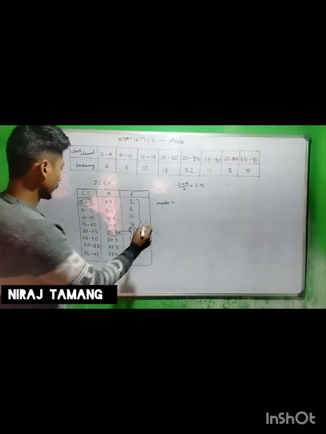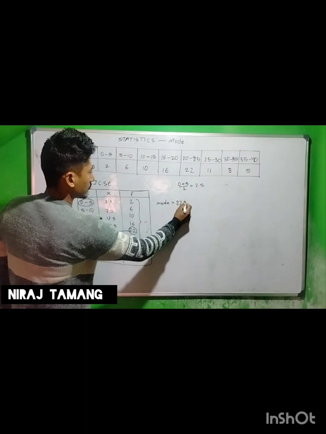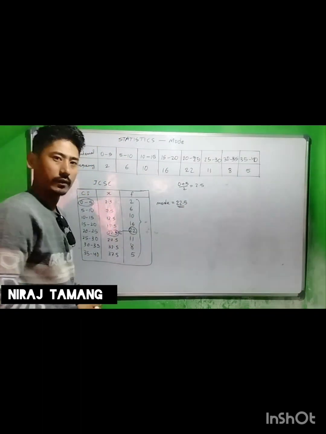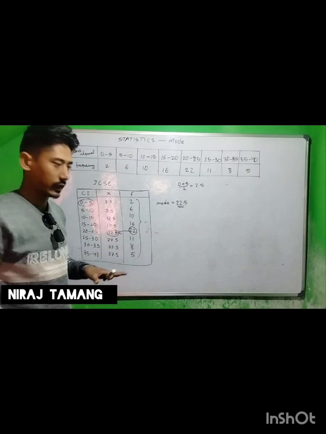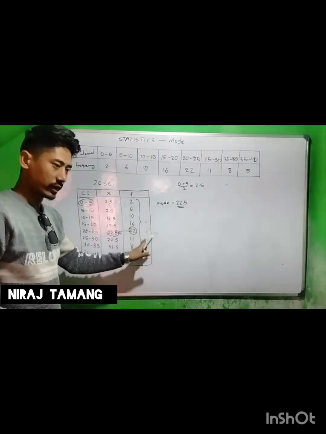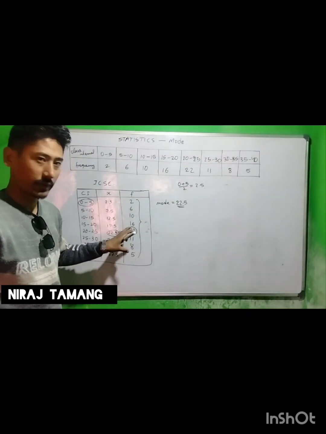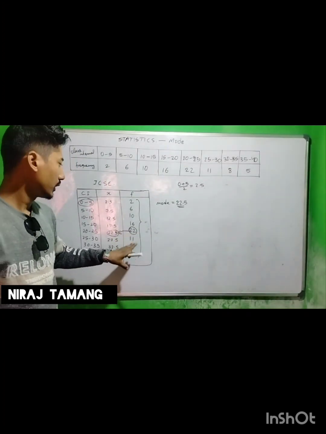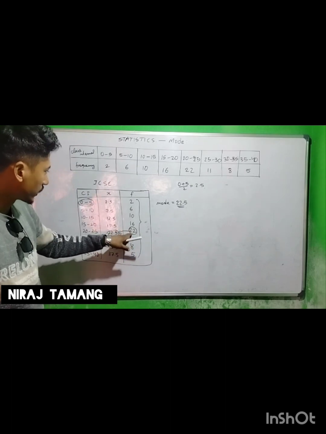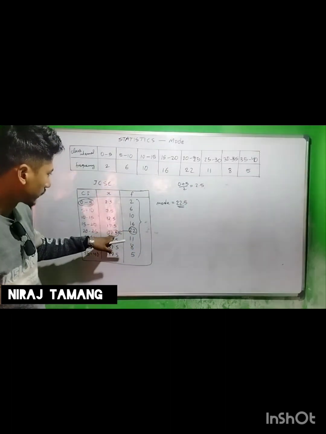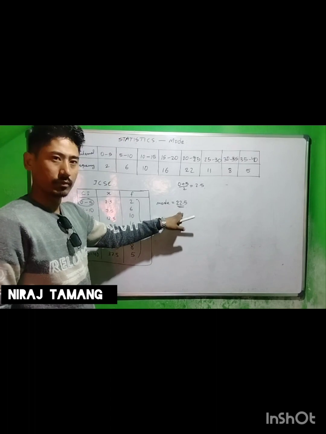So our mode will be 22.5. That is a very easy way to find the mode. I'm repeating it again: we have to see the frequency column and find the greatest value. I got 22 here, and the corresponding value of this 22 in x is 22.5. So this is our mode.